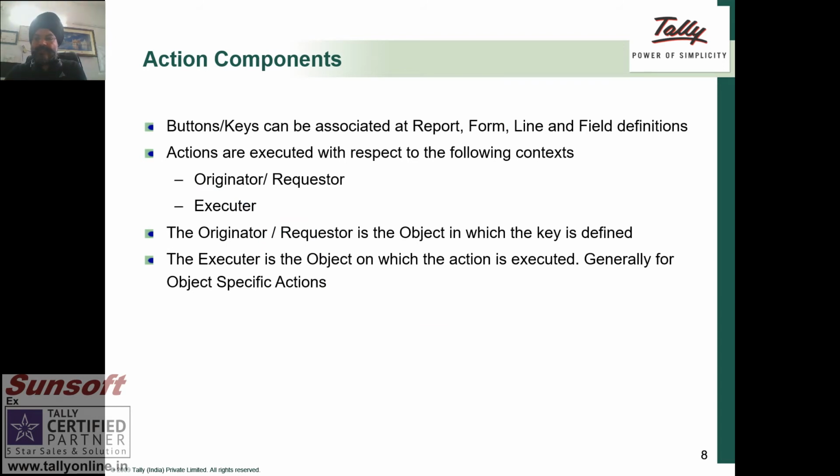So the components of the actions are buttons, keys, and there is one more concept, the originator and the executor. The originator is the object in which the key is defined. The executor is the object on which the action is executed, generally for object specific actions. Wherever it is being executed, that is the executor.